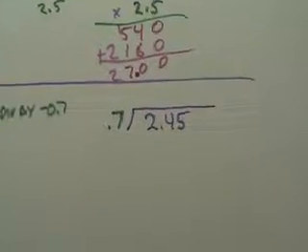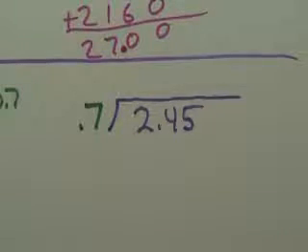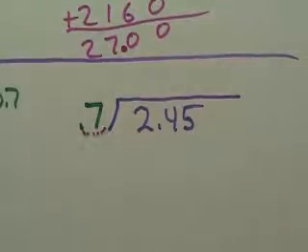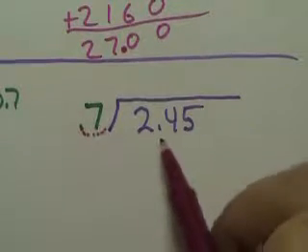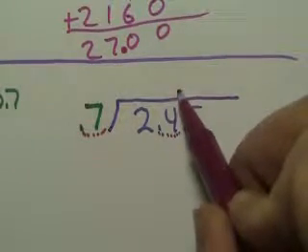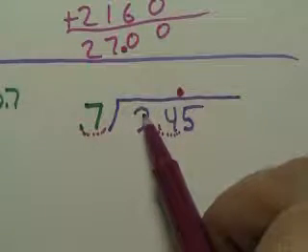So remember, you can stop right here if you'd like to, and I'll do the work with you or for you. So I have to move the decimal over one space so that it's just a 7. So I have to move the decimal over one space and then bring it straight up. So there's the decimal right there. Okay, let's see. Does 7 go into 2?